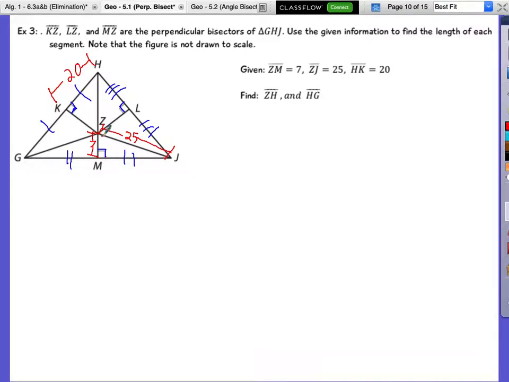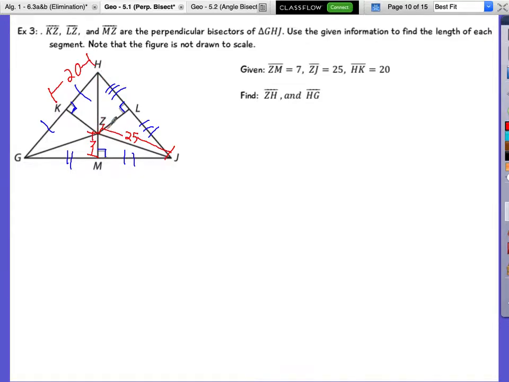It's equidistant from the vertices of the triangle. On the previous page, circumcenter theorem, that was on me. So point Z here is going to be the same distance to J as it is to G as it is to H, the vertices.